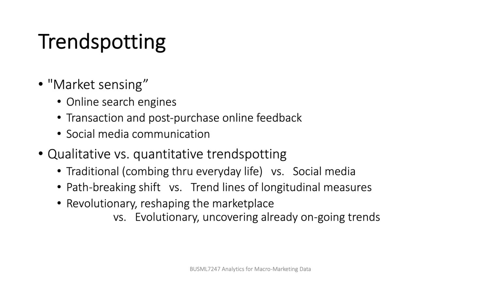Qualitative trend spotting is coming through everyday life to discover path-breaking shift in consumer interests, which may lead to revolutionary reshaping of the marketplace. Whereas quantitative trend spotting is relying on social media to track the trend lines of longitudinal measures, which allows for uncovering what's currently going on in the marketplace.